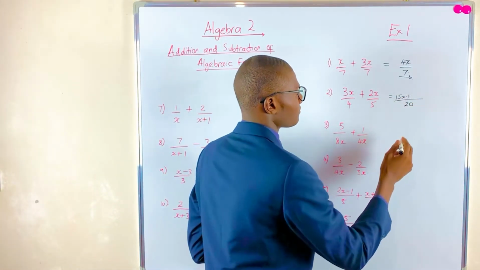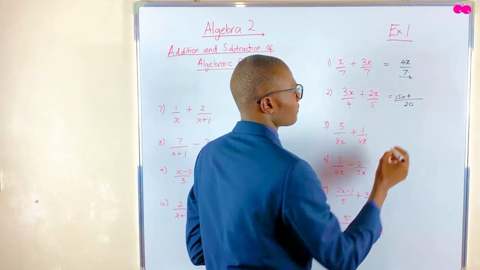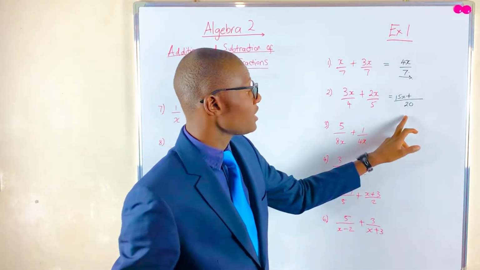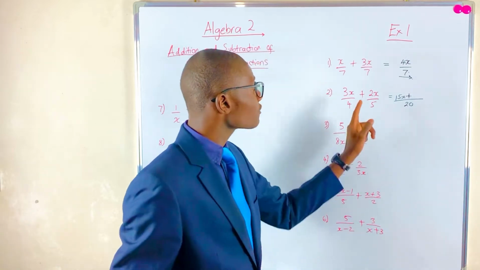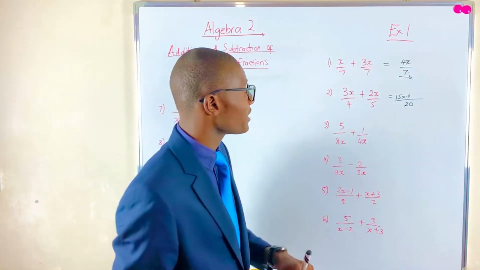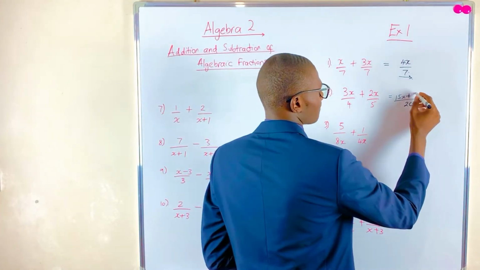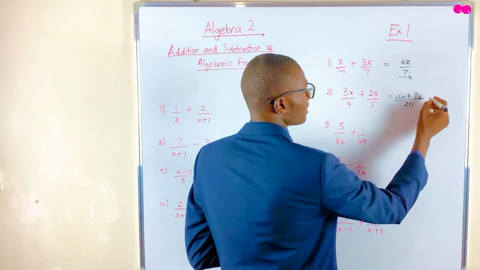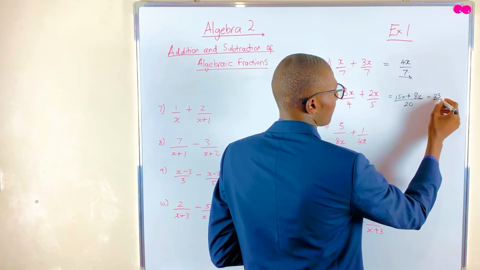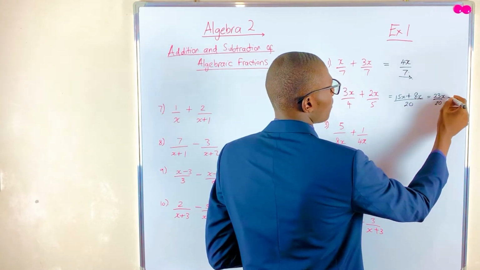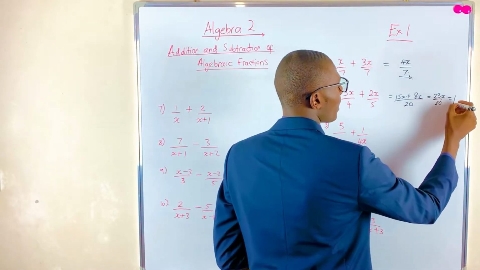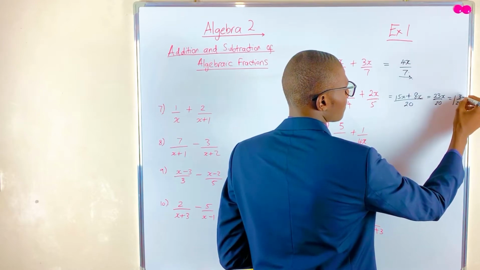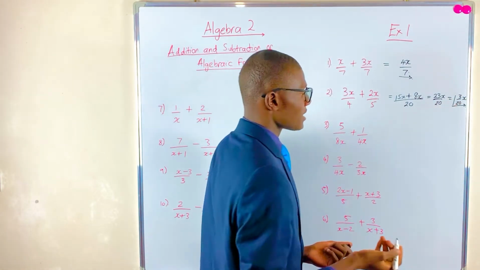Then plus 5 into 20, we get a 4. Then that 4 times the 2x in the numerator will give us 8x. Such that 15x plus 8x, we get 23x over 20, which we can further simplify to 1 and 3 over 20x is the final answer.